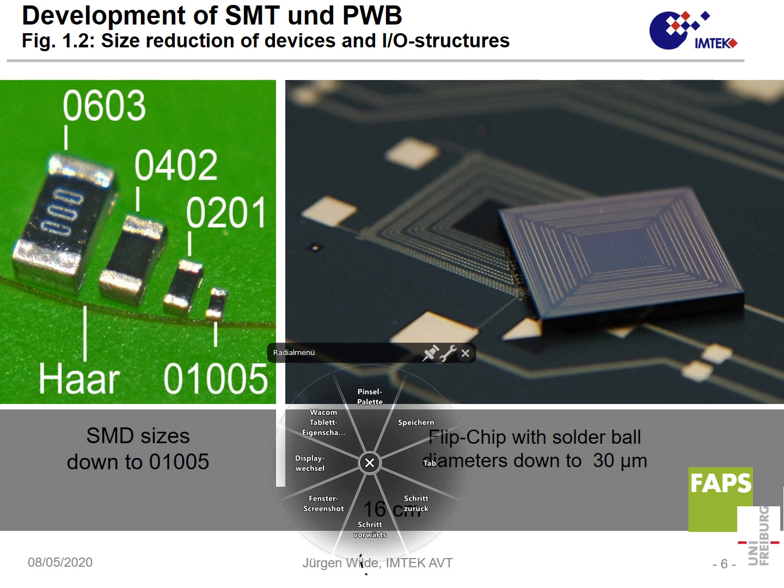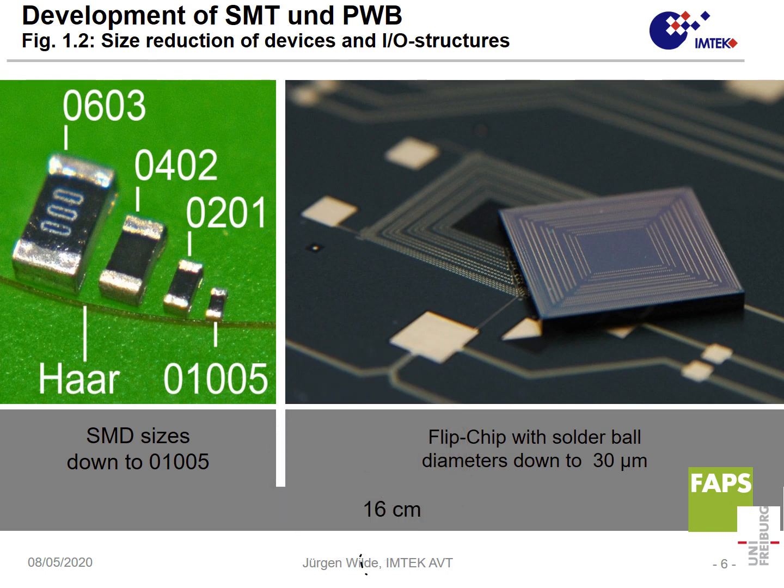On the other hand, also having more transistors requires more and more IOs. We also have new interconnection technologies like flip chip with diameters of individual balls going down to 30 micrometers.